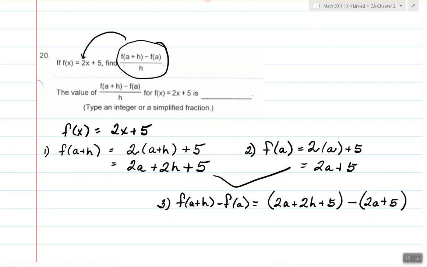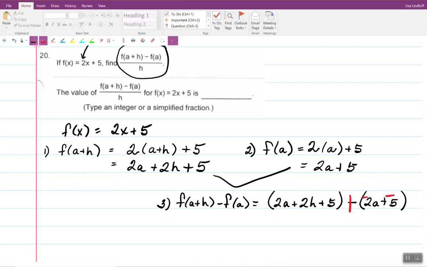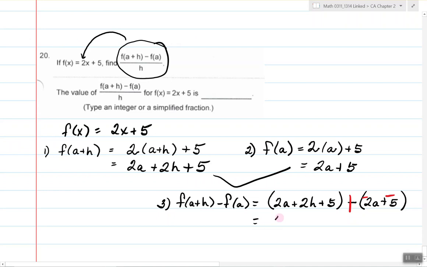Using my red pen to make my changes. Change, change, change. I have 2a plus 2h plus 5 minus 2a minus 5. Let's see what cancels out.